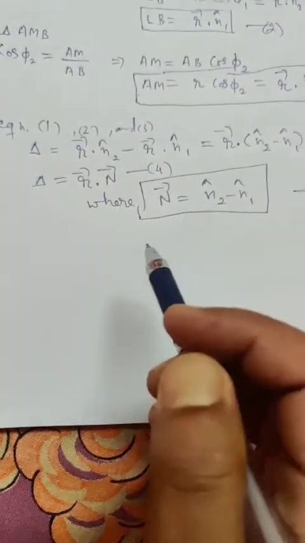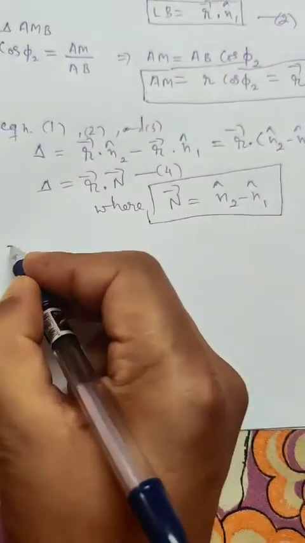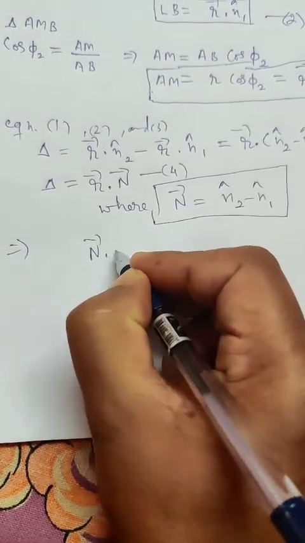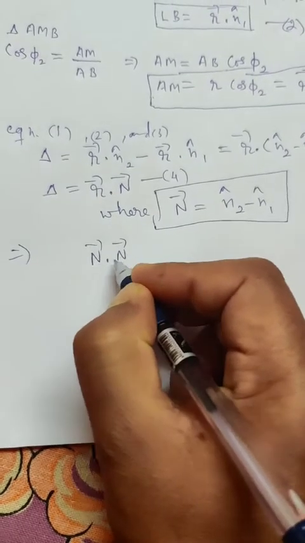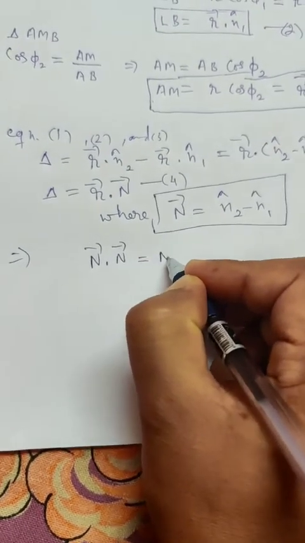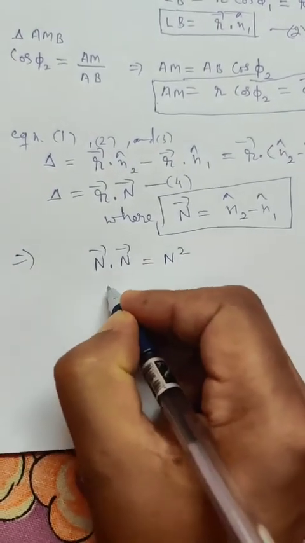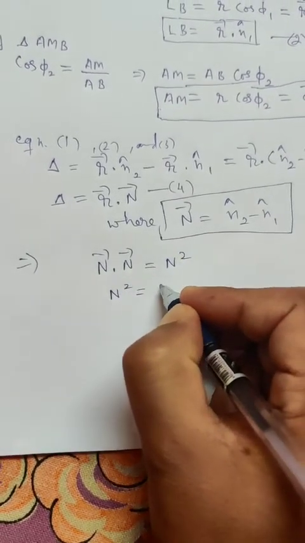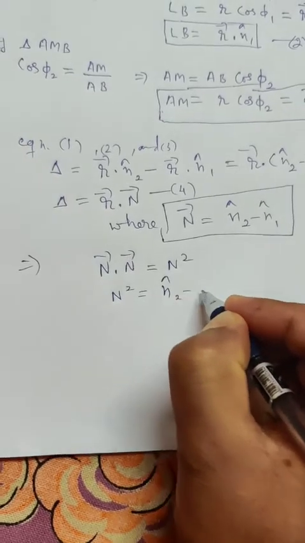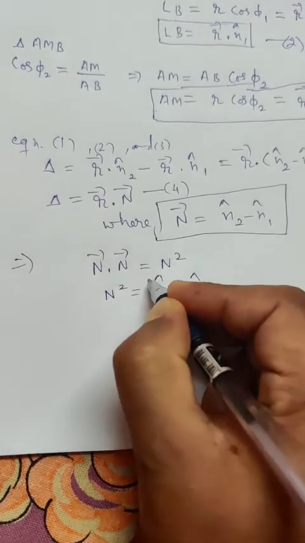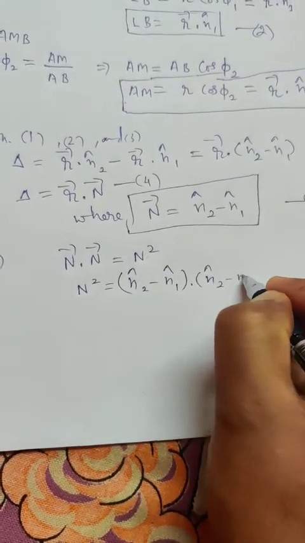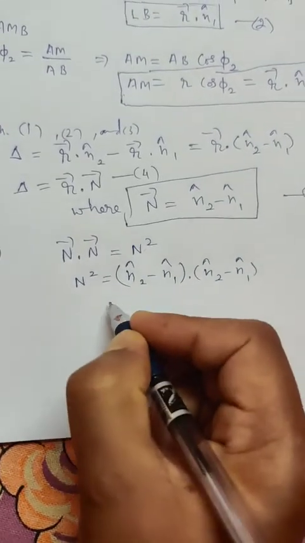Also by using the property of vectors, I can write N dot N is equal to N square. So N square, if I put the value of this N, will be (n2 minus n1) dot (n2 minus n1).